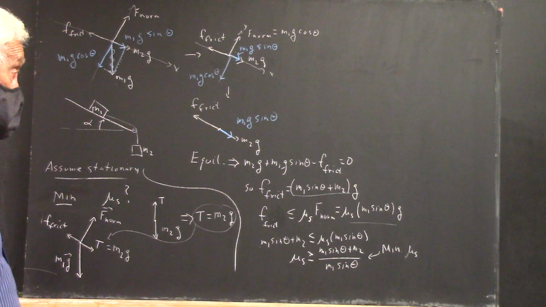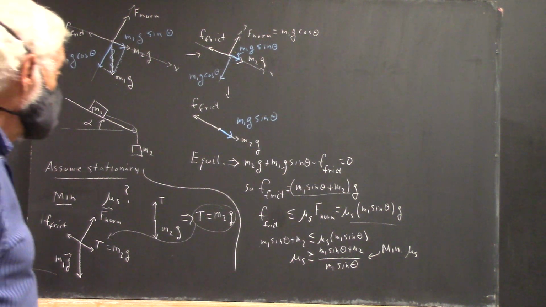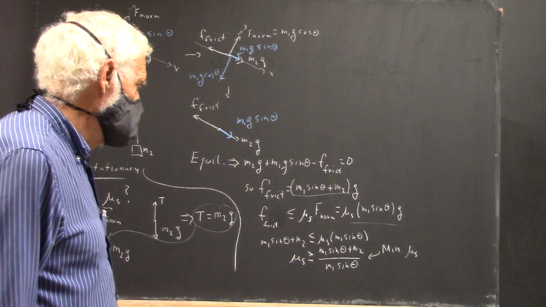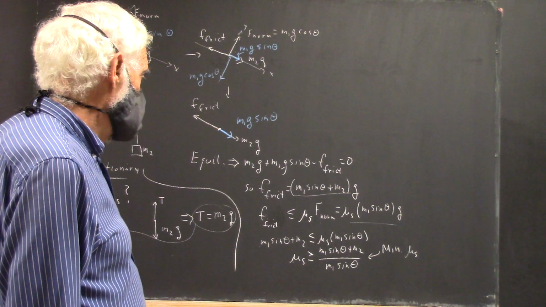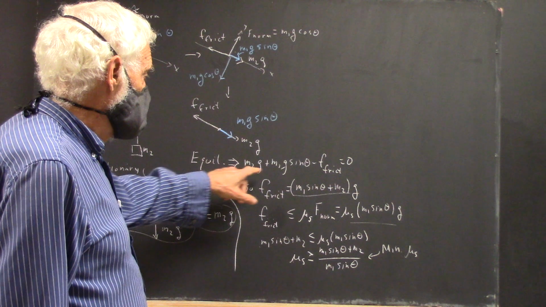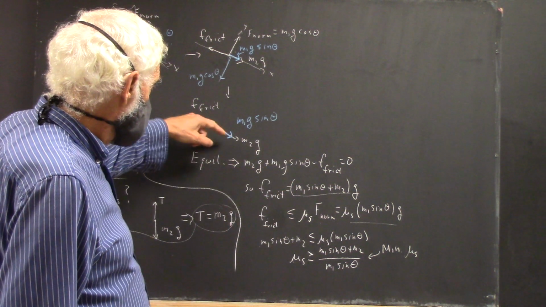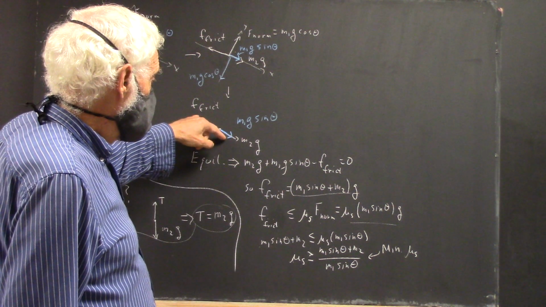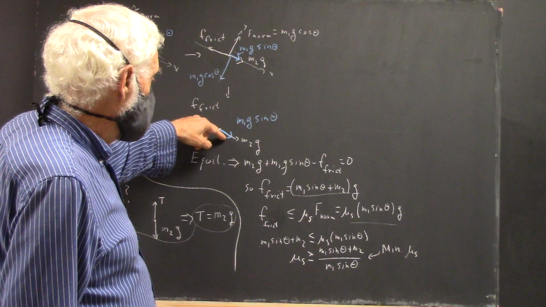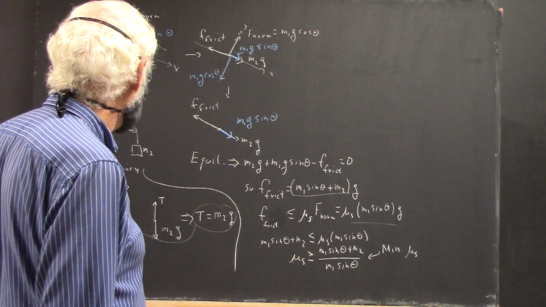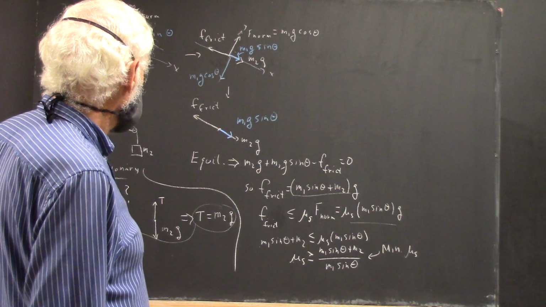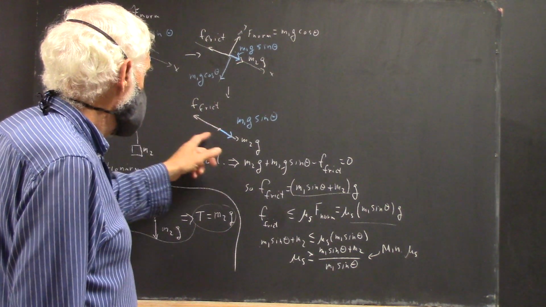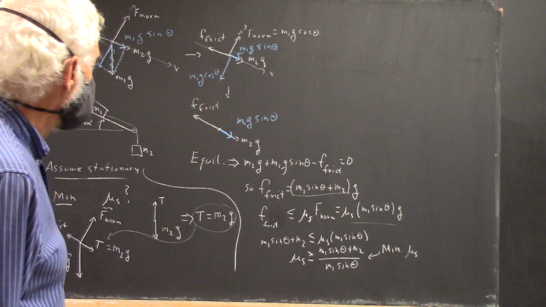Let's go back to where we get the M2G plus M1G. That's going to be M2G and M1G sine theta, which is just the component here.